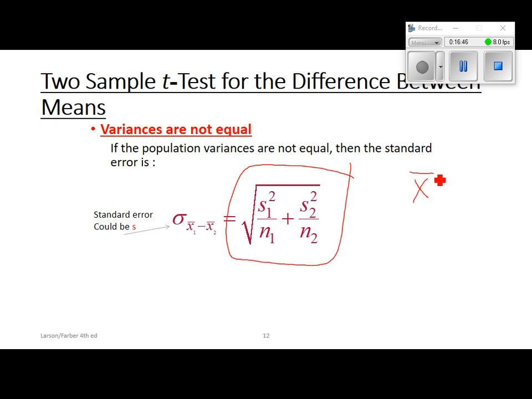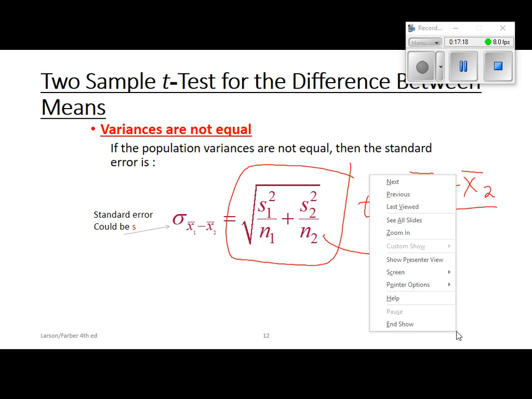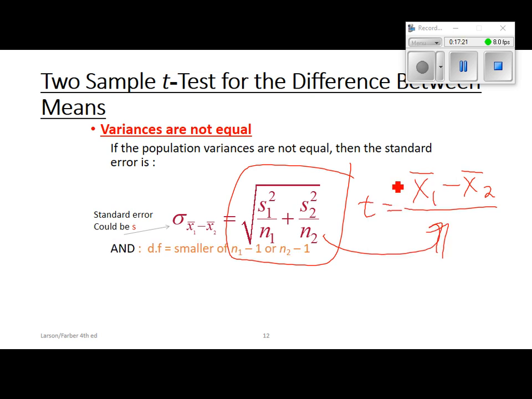So it's T equals x bar 1 minus x bar 2 over that whole thing there. The second one, if the variances aren't equal, is quite a bit easier than if the variances are equal. But if you know how to use the calculator, then again, you don't have to do the formulas. I do the formulas out every time. That's just because I enjoy doing the math so much, right?